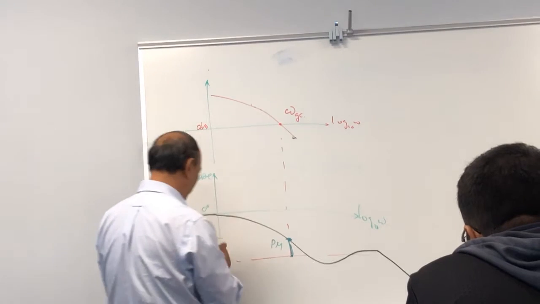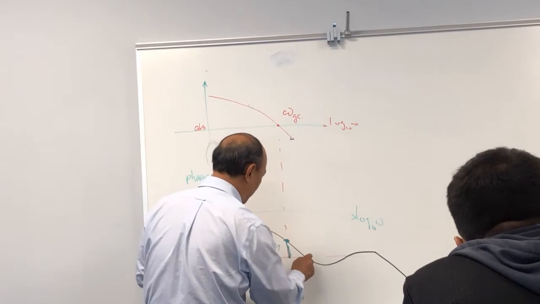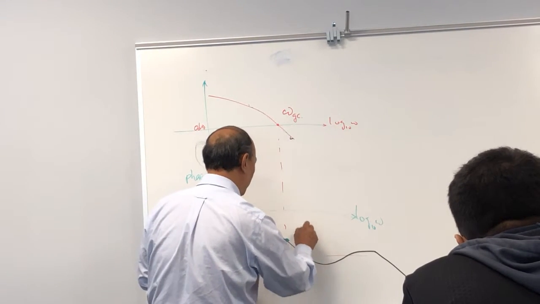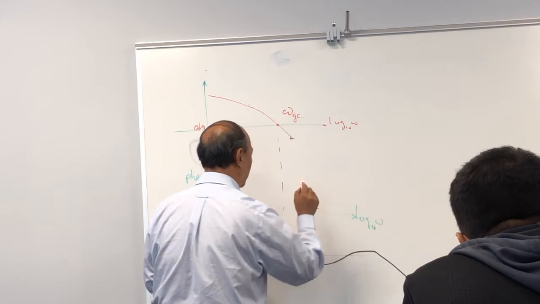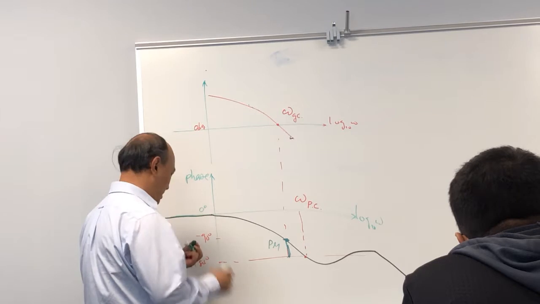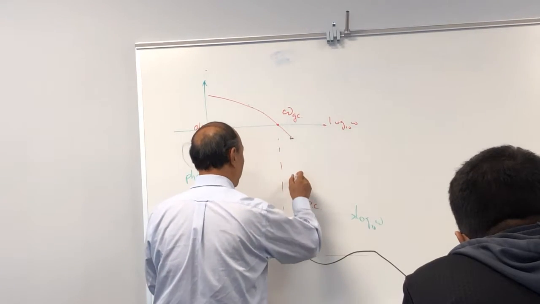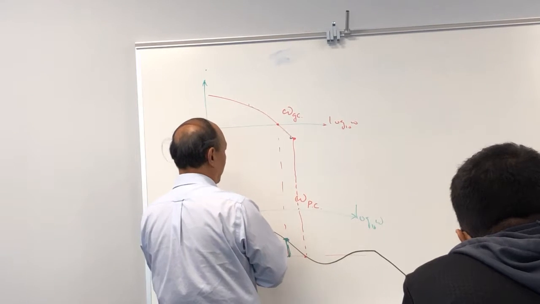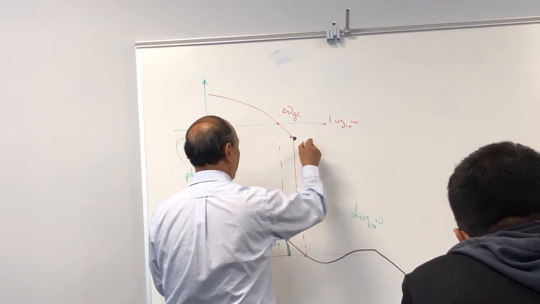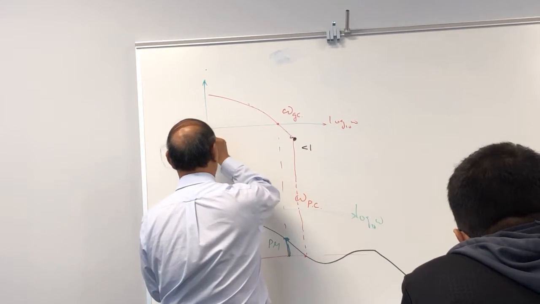And when they cross this one here, it is called the omega phase crossover, the phase crossover frequency. This corresponds to a value in here, so this magnitude is less than 1, negative in dB.